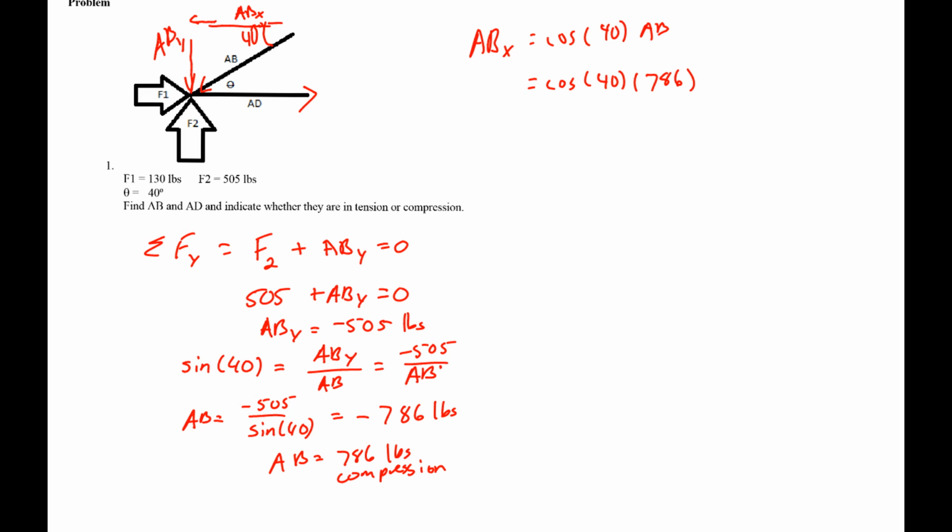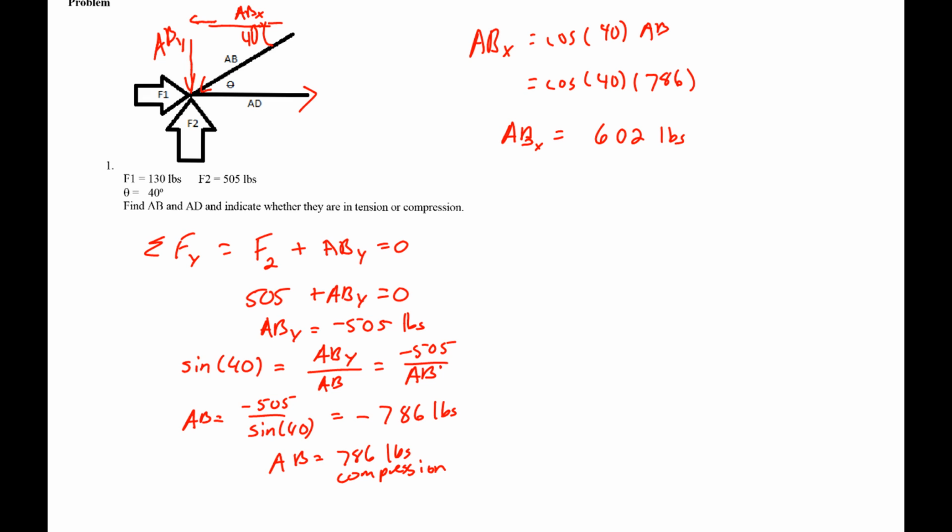Once we switch the arrows, you don't put the negative sign with the 786 anymore. Does everybody understand that? Right. So what does ABX equal? 602.